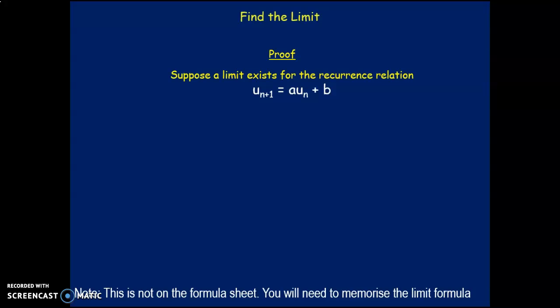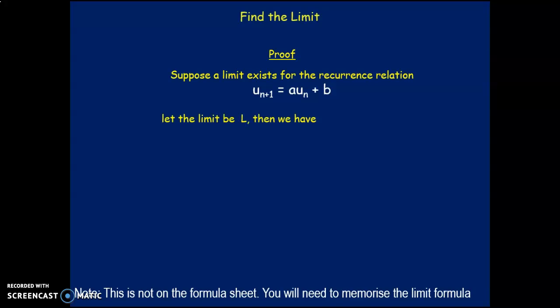So, to the limit formula. Let's take a quick look at a short proof. Now, suppose a limit exists for the recurrence relation that we have here, un plus 1 equals a un plus b.